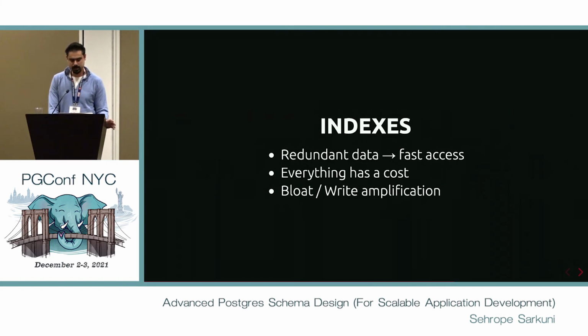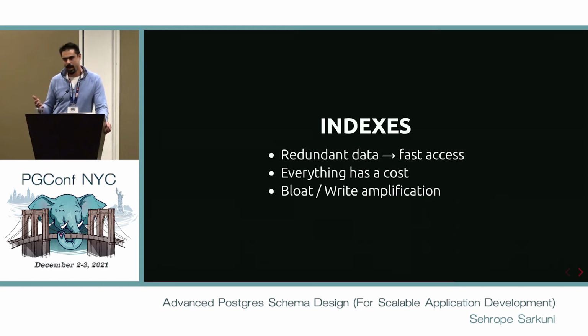So indexes are how you make things fast, right? In your example in the beginning, we said we had 1 billion rows. If someone has access to that table, yes, in theory, they could query everything. In practice, they're not going to scan through the entire thing to find 1 row. We create indexes. Indexes are a bunch of redundant data. There's a performance cost associated with it because nothing is free in life.